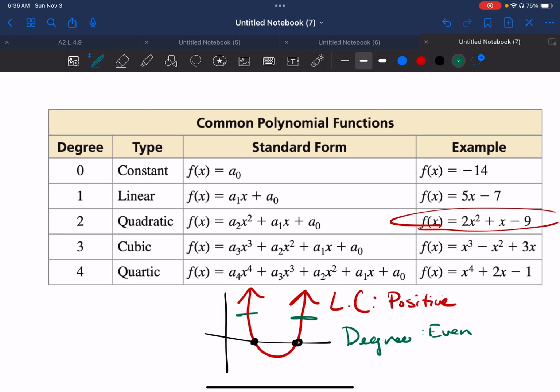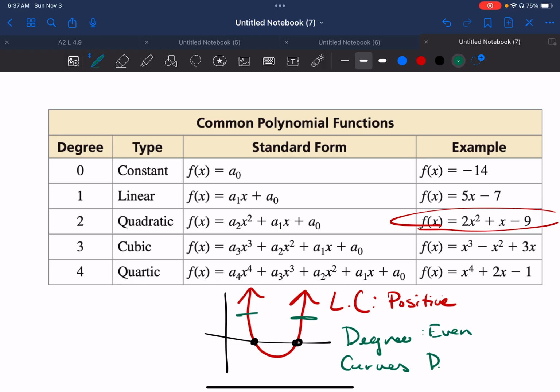Now we're going to use this idea to be able to expand our knowledge to quartic and cubic and quintic and all that kind of stuff. Okay. Now, the other thing that we didn't really talk about before, but I want to mention, is that the degree tells me how many curves I have in this graph.